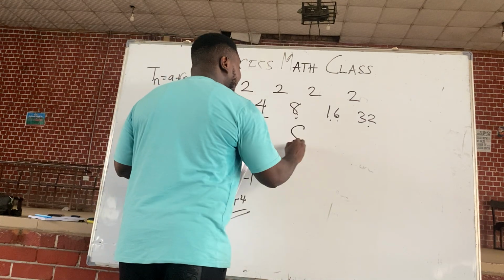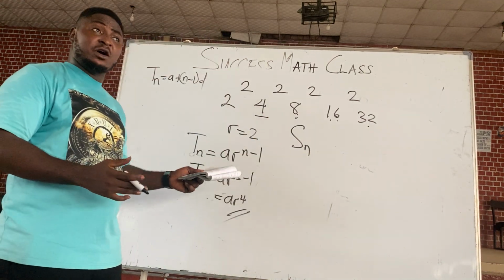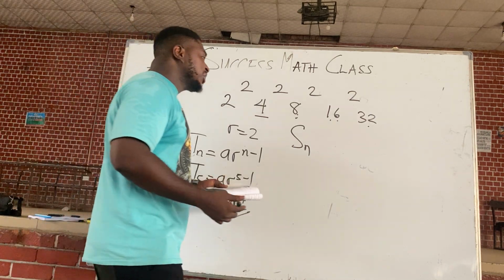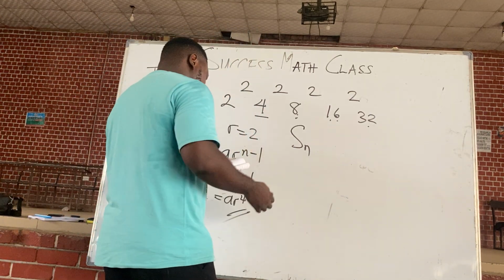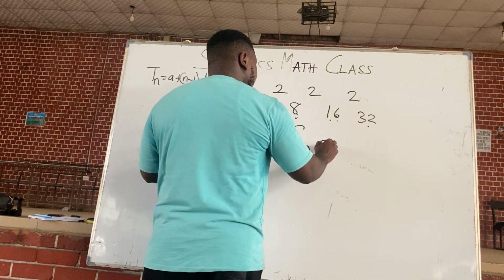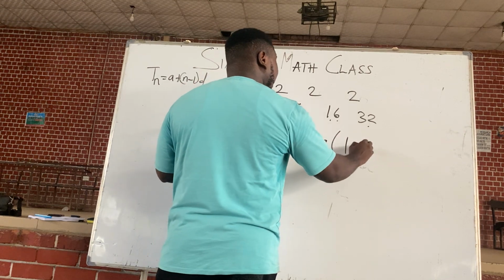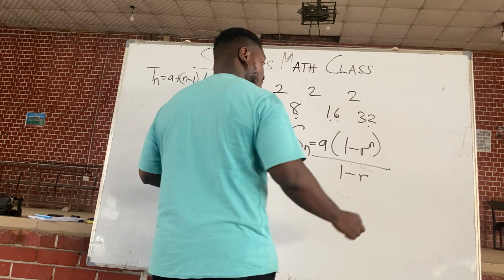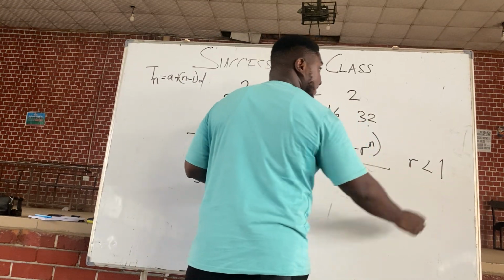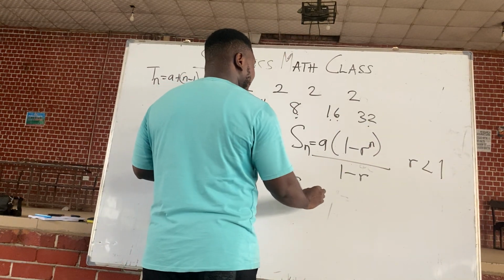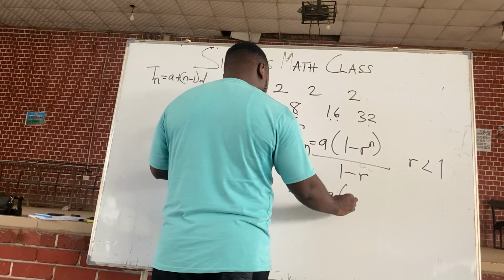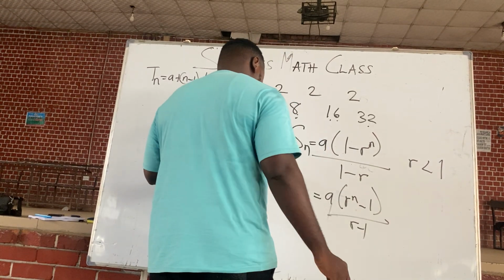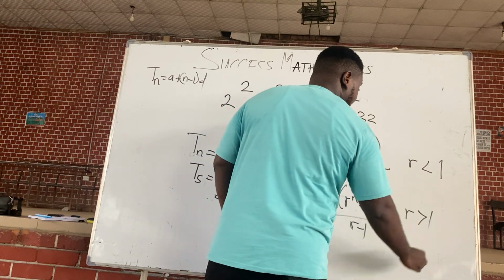Sum of n terms of an AP, just like we have for a GP. We have done sum of n terms of an AP, right? Also a GP has sum of n terms. For a GP, sum of n terms is Sn equals A into bracket 1 minus R raised to power n all over 1 minus R, when R is less than 1, or Sn equals A into bracket R raised to power n minus 1 all over R minus 1, when R is greater than 1.